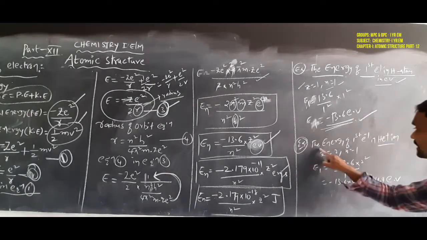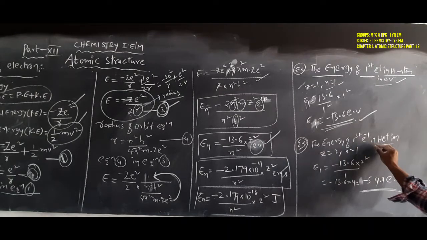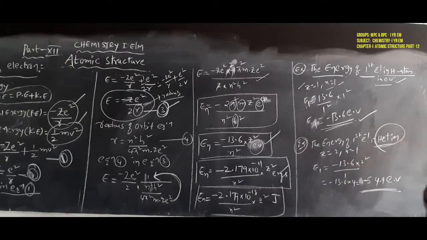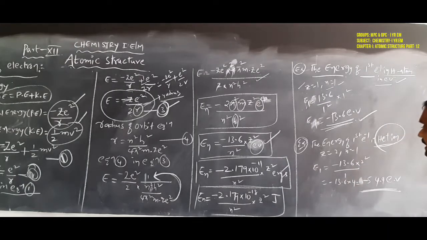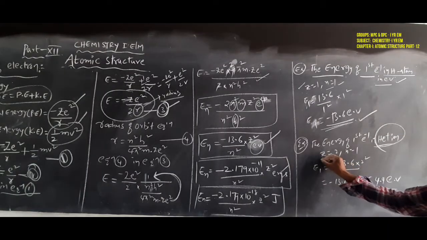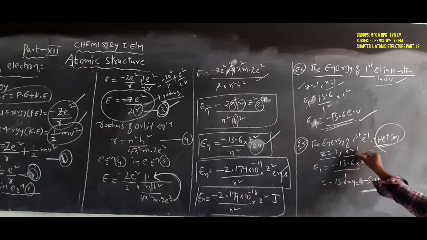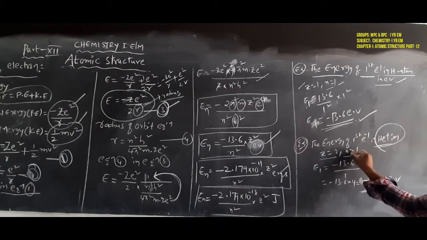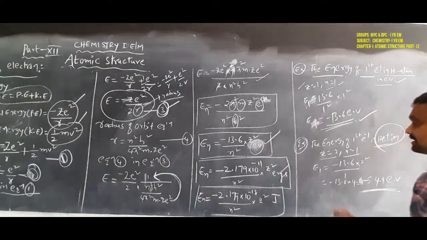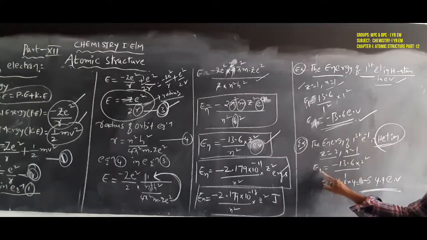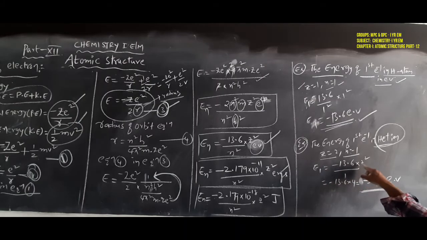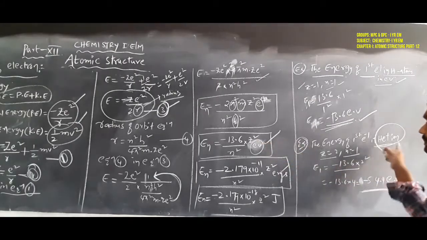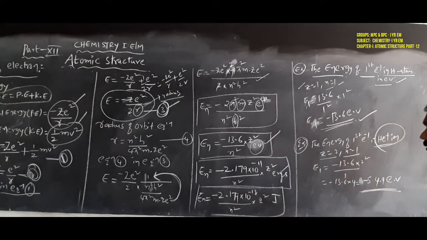Another example: the energy of the first shell electron for the helium plus ion. Helium plus ion means atomic number Z is equal to 2, and first shell means n is equal to 1. Substituting both values in this equation, we get E1 is equal to minus 13.6 into 2 square by 1 square.